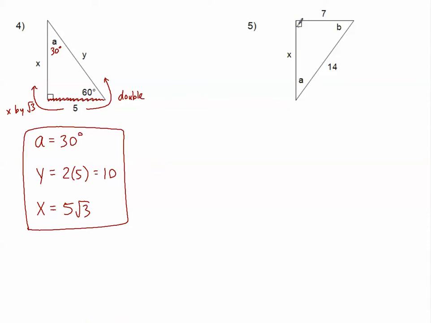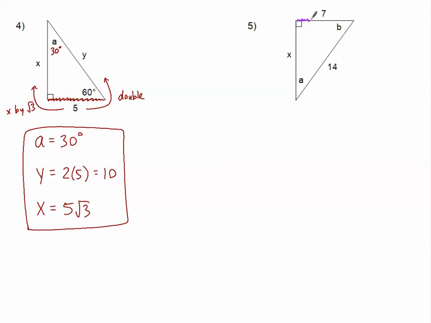Okay, and all I know is this is a right triangle. I do know one of the legs is 7, and I know that the hypotenuse is 14. I don't know either of the two angles yet, but I do know that this must be following that pattern because visually, this is the smallest angle.